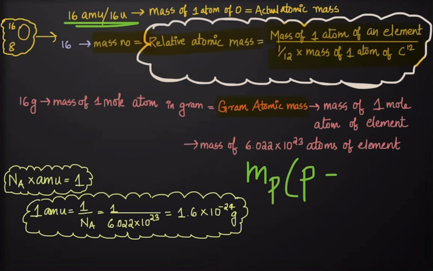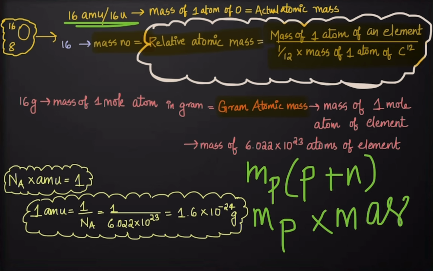Number of protons plus number of neutrons is equal to the mass number, right? Mass number.